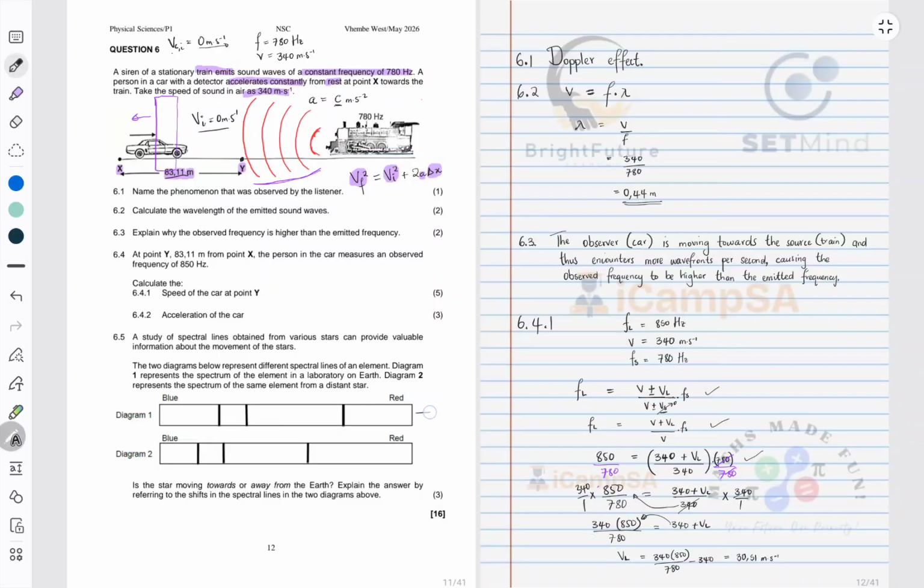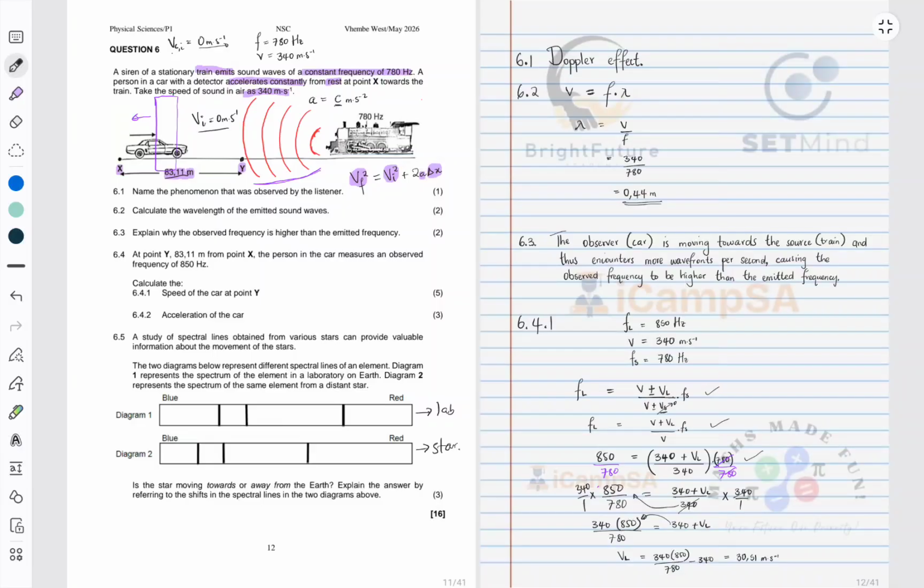So this one was taken from a lab, and this one is when they observe a distant star. The question is: is the star moving towards or away from the Earth? Explain the answer by referring to the shifts in the spectral lines.